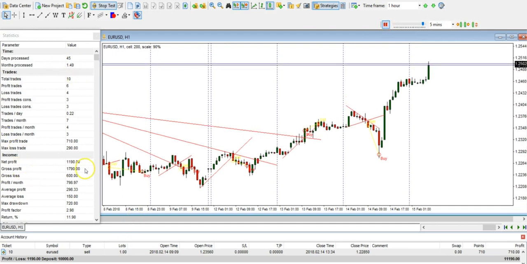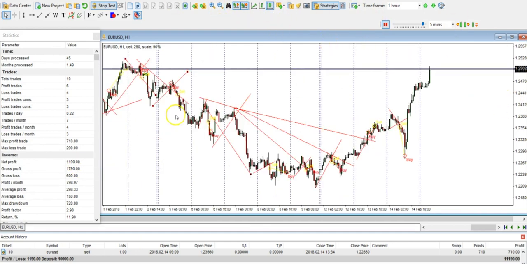And you can see nicely for the month so far. So zoom out, and we need to get our lines.